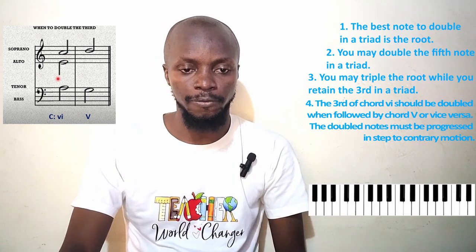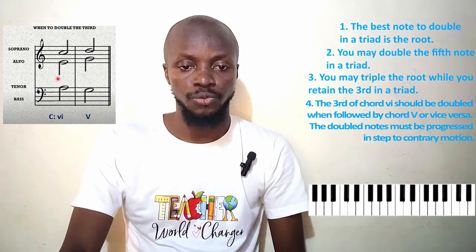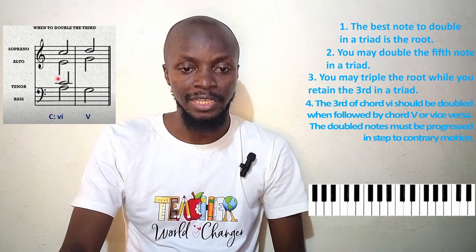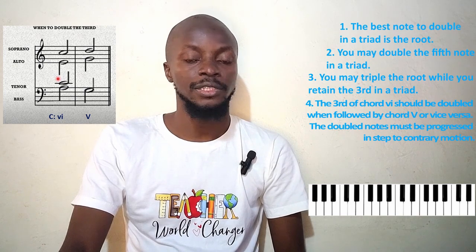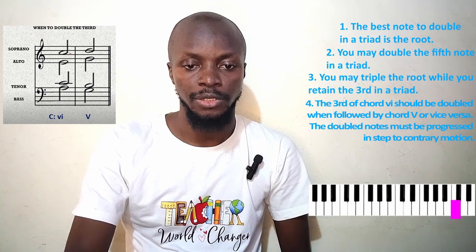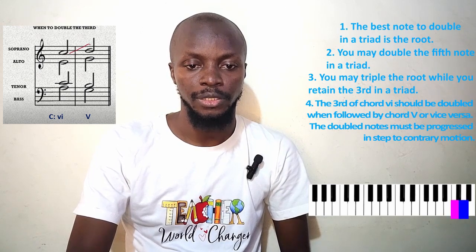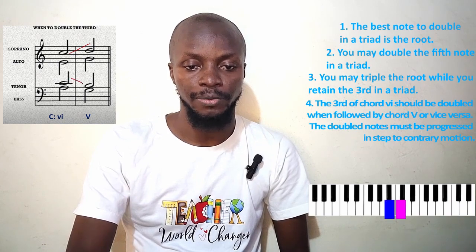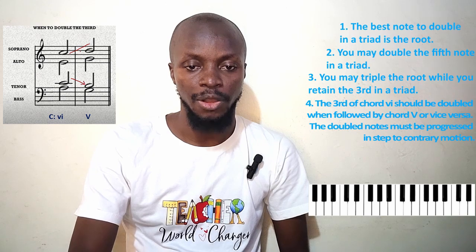In alto, we have the fifth, and we have C going down in tenor. In soprano, we have our C going up, and in tenor, we have the C going down. So this is how you should approach the doubled third in chord 6.